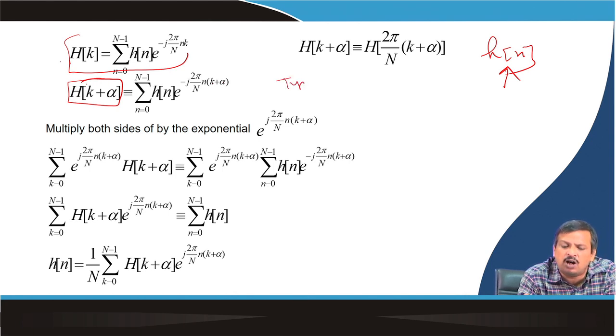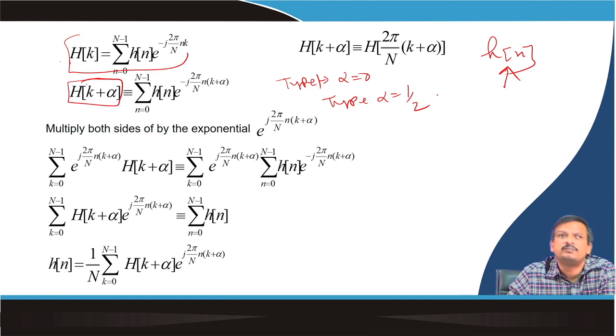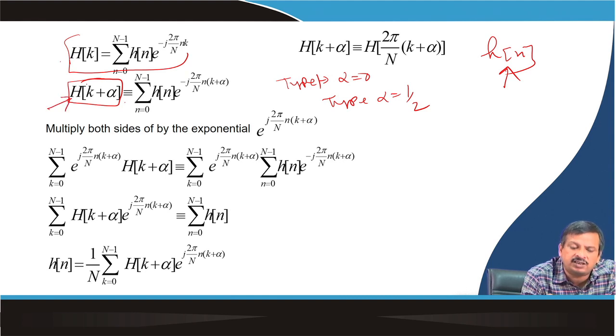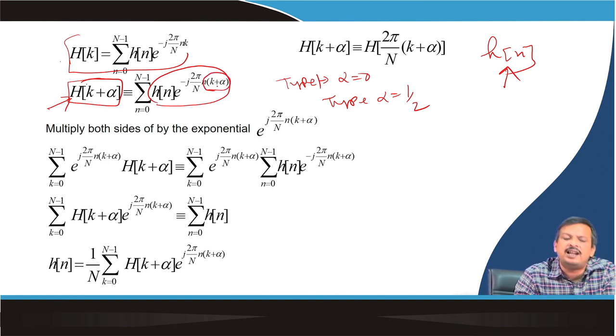When I say type 1, alpha equal to 0. In case of type 2, alpha equal to half. Okay. So, I can say the frequency response is nothing but the inverse Fourier transform, but k is replaced by k plus alpha.